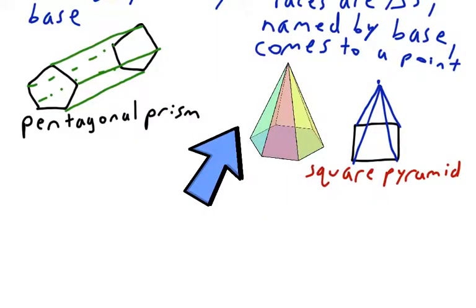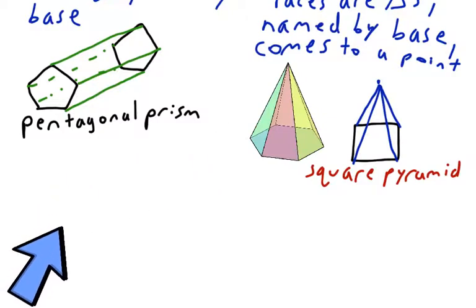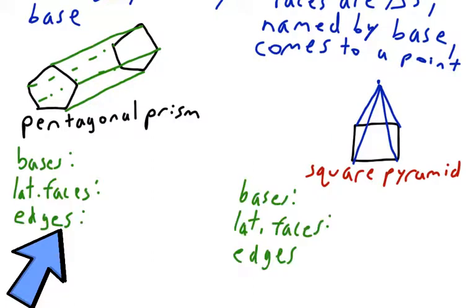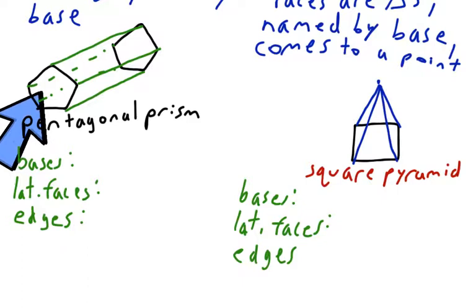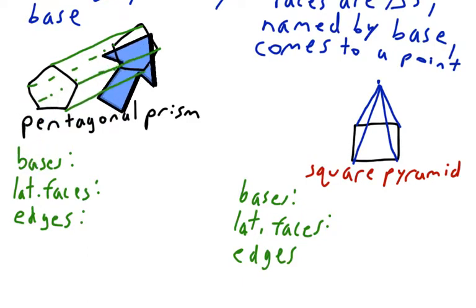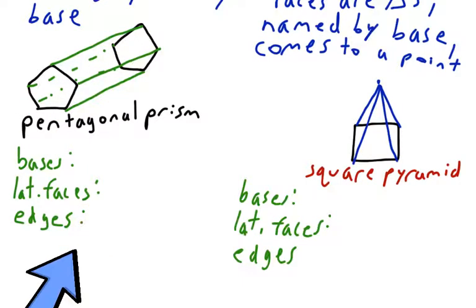Alright, let's take a second for each of our figures, and we're going to label how many bases, lateral faces, and edges they have. Alright, well let's go ahead and figure out for our pentagonal prism. The number of bases, it's a prism, so we know it has 2 bases, so that part was easy.